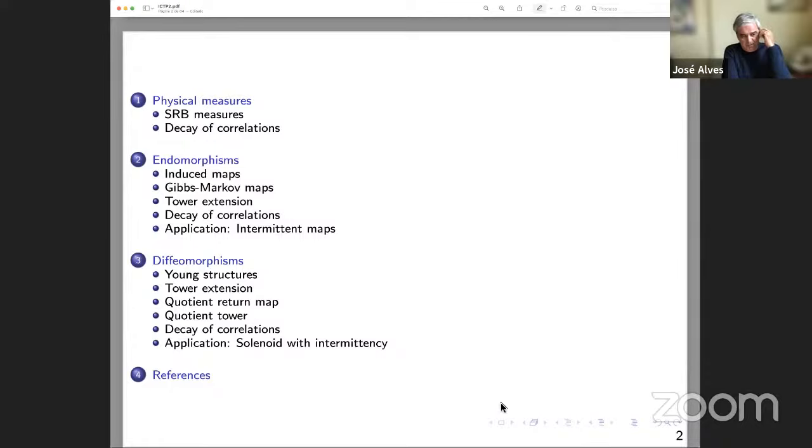Essentially the results are the same, and the techniques are similar. The only difference is that in the second case we need to induce twice to get the Gibbs-Markov map, but essentially it's the same thing. The good thing about the second one is that it allows us to introduce this solenoid with intermittency today.